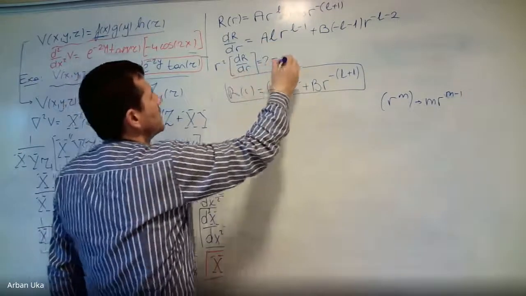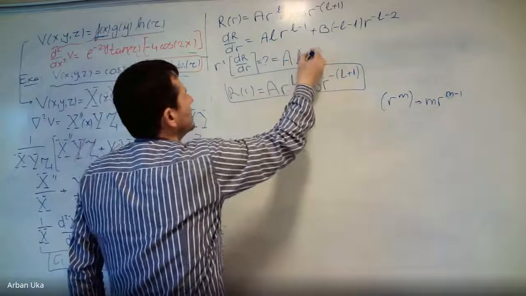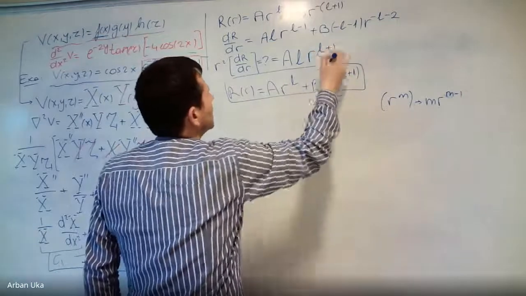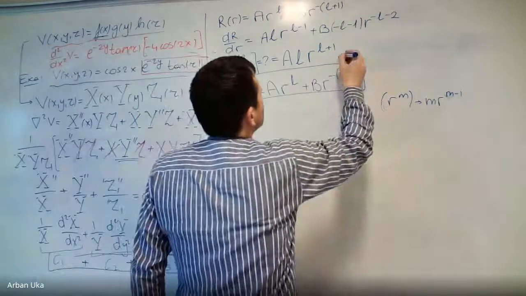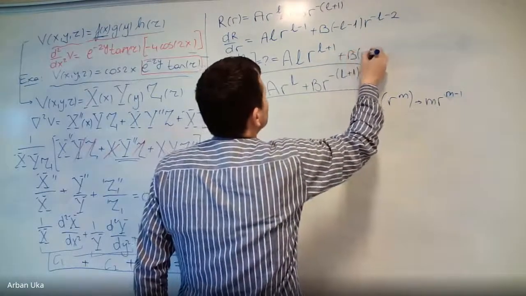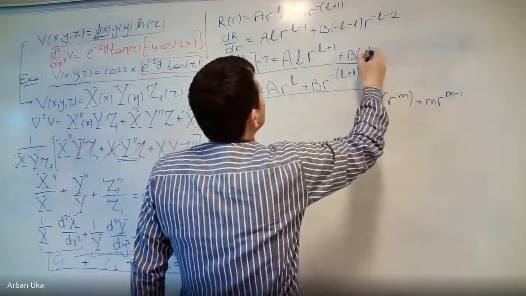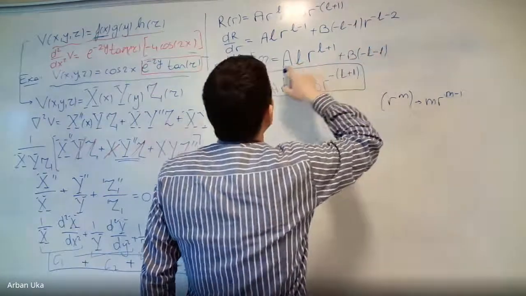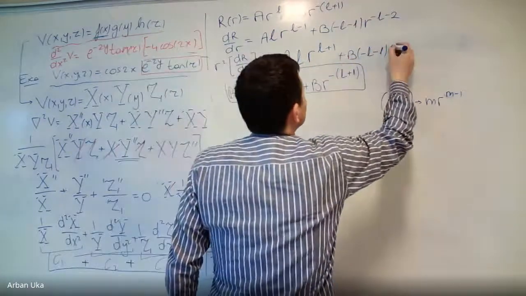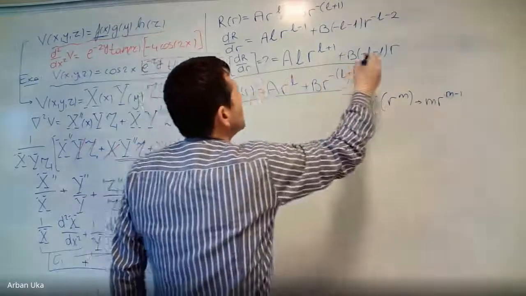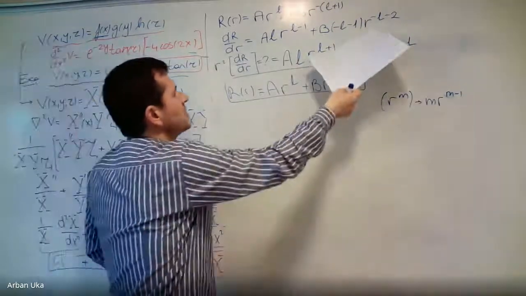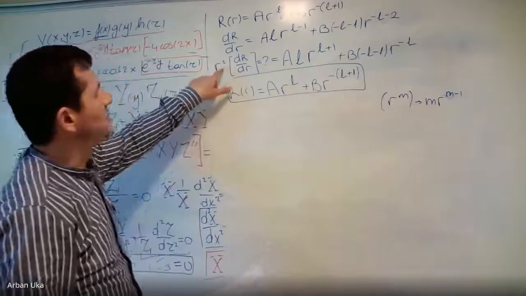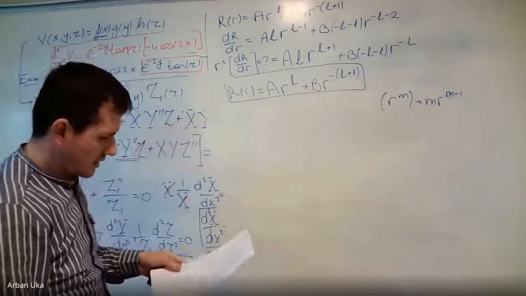If you multiply by r squared, this is a L, r to the power L plus 1, let me make sure, is it true? Yes. Plus b times minus L minus 1 times r to the power minus L, right? Because minus L minus 2 plus 2, this is what we get.